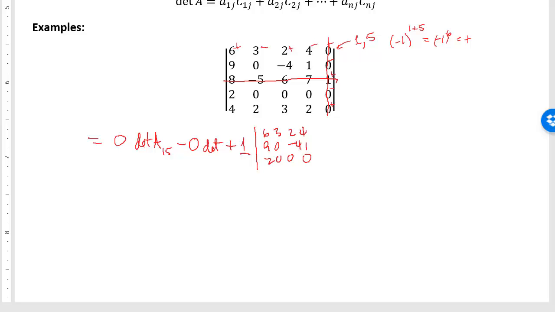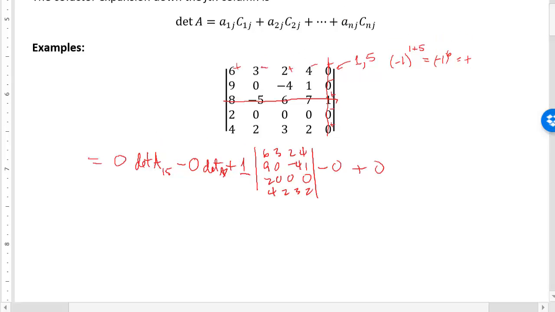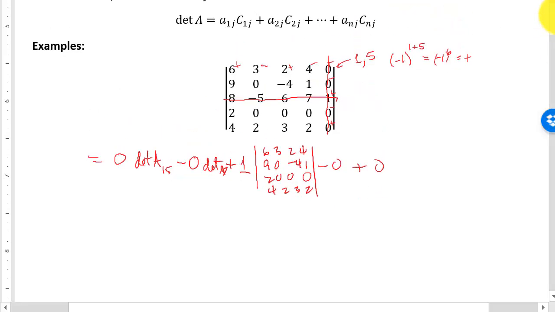Looking ahead, this would be a good place to expand. 4, 2, 3, 2. And then we have 0 and then another 0 that I'm not going to worry about writing. All right, so that's the first cofactor.